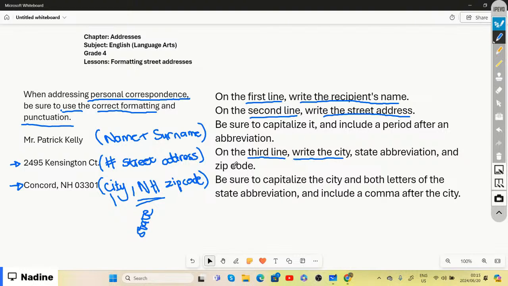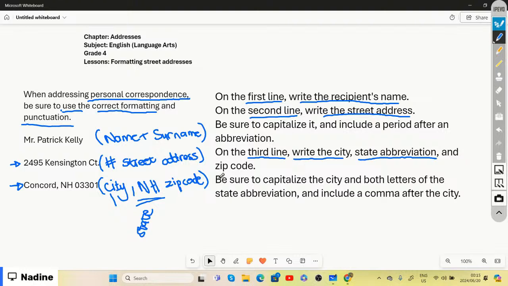Once you have written down the city in the third line, next to that you're going to write a comma and then you're going to abbreviate. It says state abbreviation: abbreviate the state that you live in, and that is going to be capitalized, both of the two letters that you abbreviate.